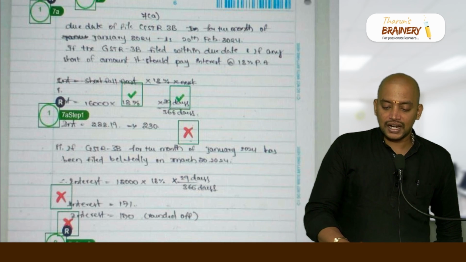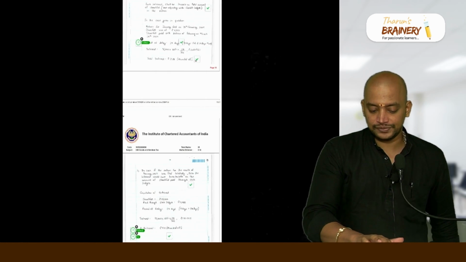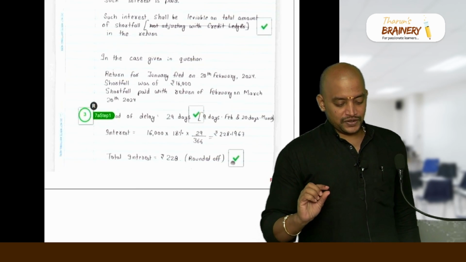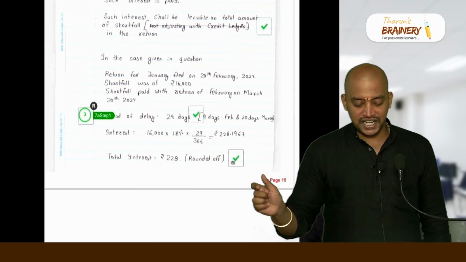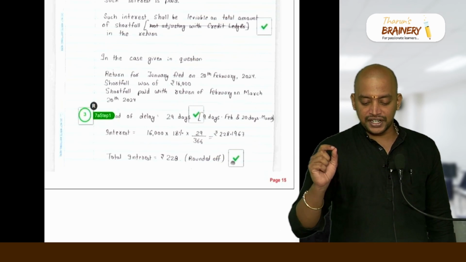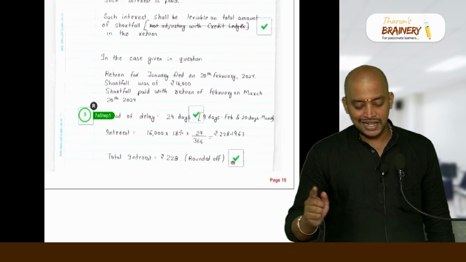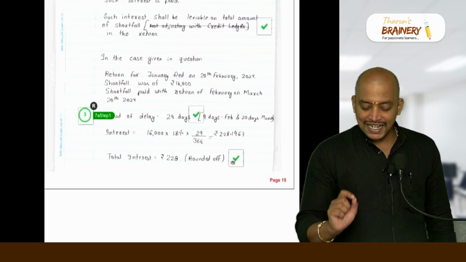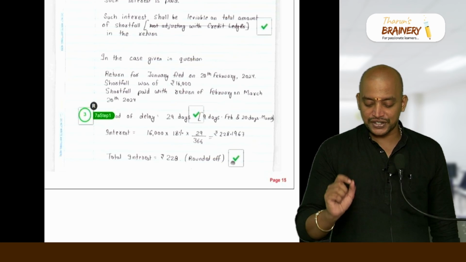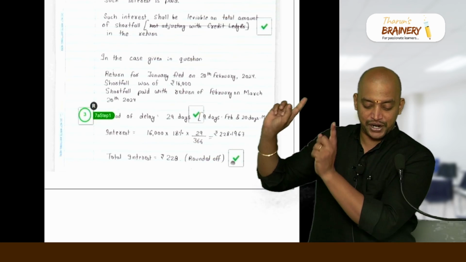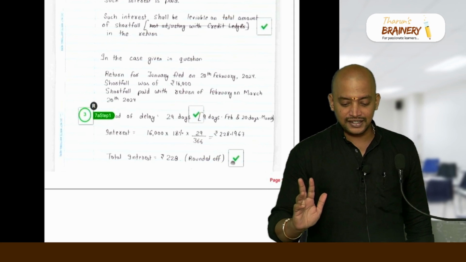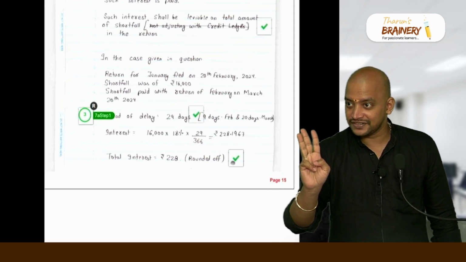Same thing, another student has written. For January, filed on 20th February, shortfall was 16,000, shortfall paid with the return of February on March 20, period of delay 29 days. So interest 16,000 into 18%, 29 by 366 is 228.1967, rounded off to 228. 3 marks there itself.